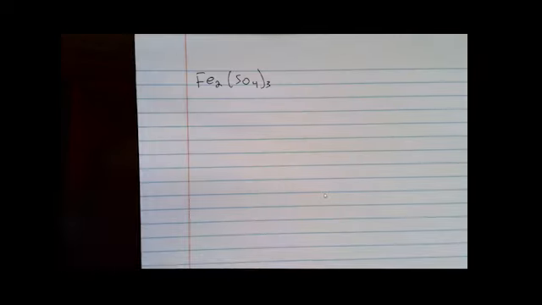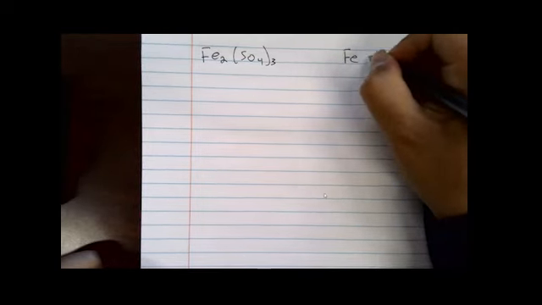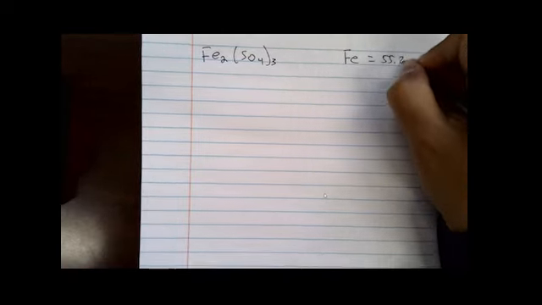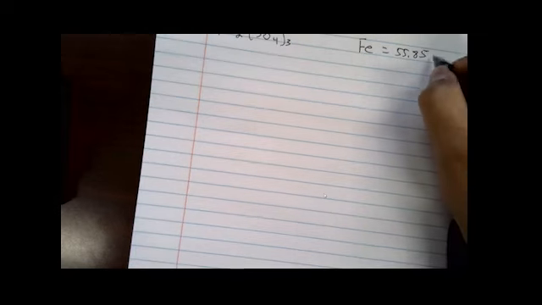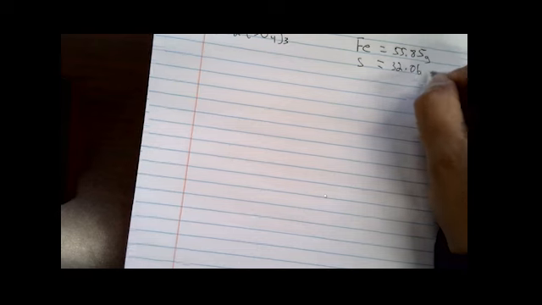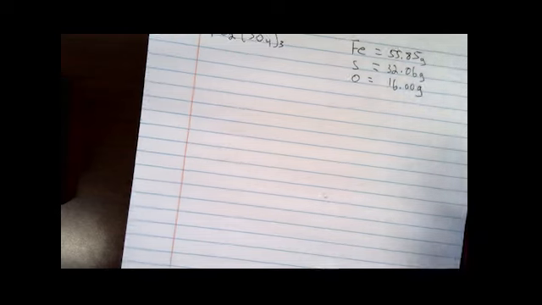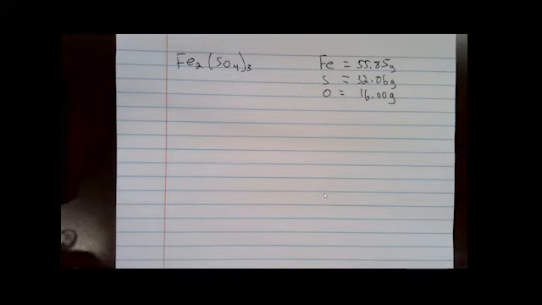So let's write all these down. Let's write those molecular weights. Iron, 55.85 grams. Sulfur is at 32.06 grams. And then we have oxygen, which is at 16.00 grams. So the next thing we want to do is find the percentage of sulfur in this molecule.